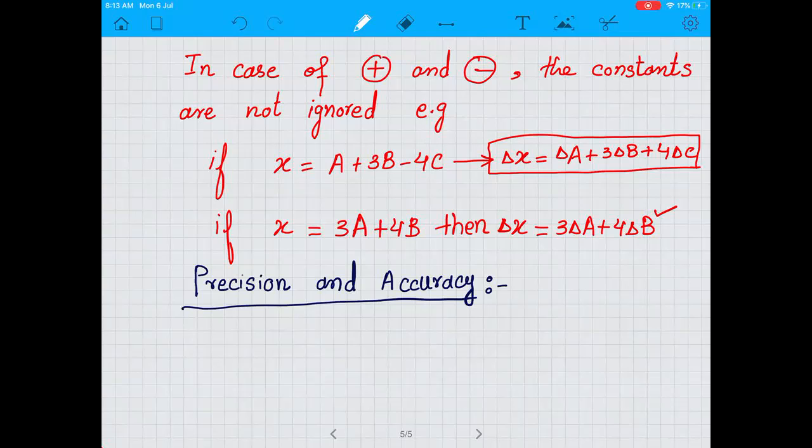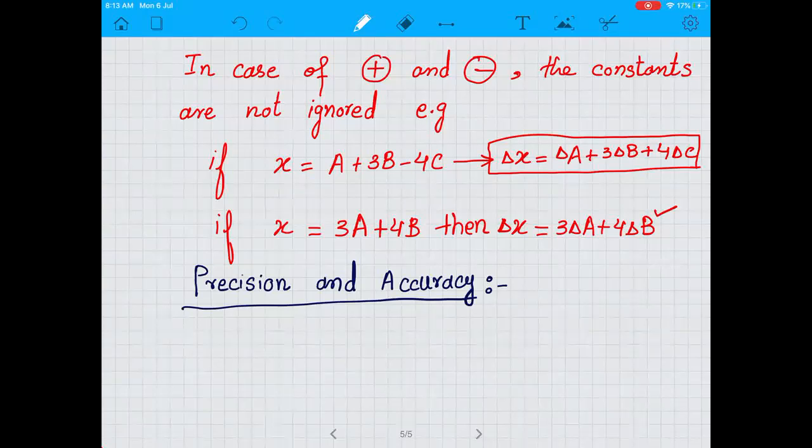However, we can comment on the quality of the data. Two things are there which we consider. One thing is consistency, repeatability. If an experimenter is able to achieve the same value again and again with no difference, then he is very precise. And if an experimenter is able to achieve an average which represents the actual value, then he is accurate.